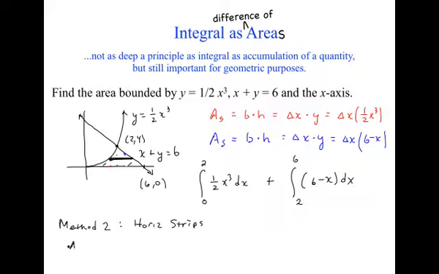So the area of the strip is, can you set up the area of a strip? Again, it's still going to be a rectangular strip, base times height. Can you set up base times height for that strip?